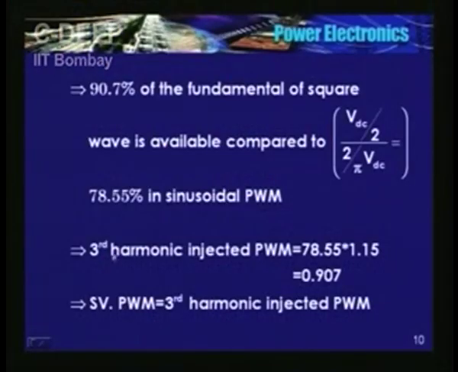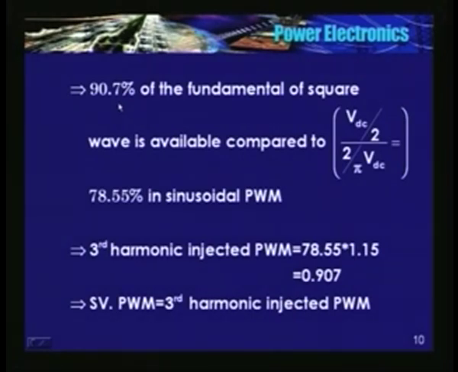So, if I take this ratio in the third harmonic injected PWM technique, it is the sinusoidal 78.55 into 1.15, which comes out to be 0.907, same as the space vector PWM technique.